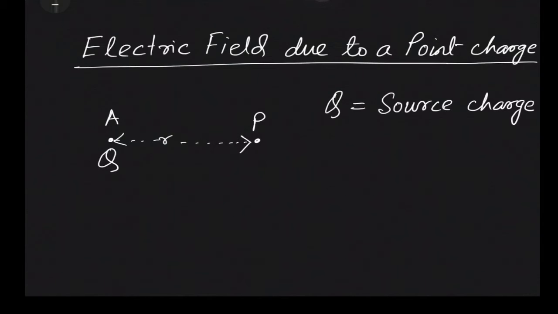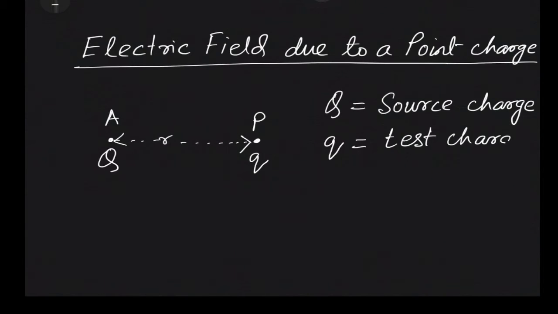Now, in order to calculate the electric field at the point P, I introduce another charge, say small q. This charge which I introduce just to calculate the electric field, I call the test charge.